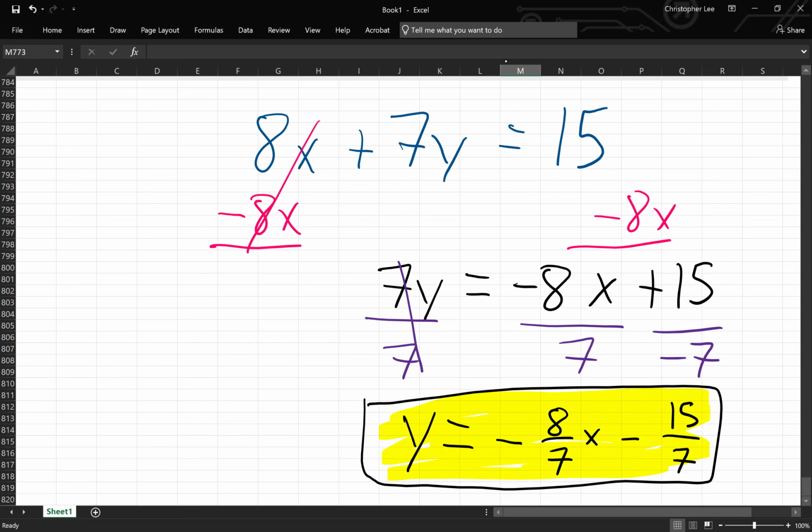The divide by 7, can you put it under the whole thing? Yes, you can. So it could also be 15 minus 8x, all divided by 7? Yes, that would work as well. We're trying to get rid of any number and get y by itself. Exactly. That's the goal. I want to solve for whatever variable is being asked. And that's it.